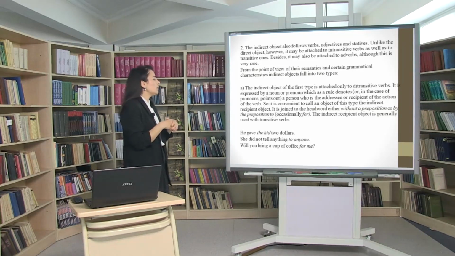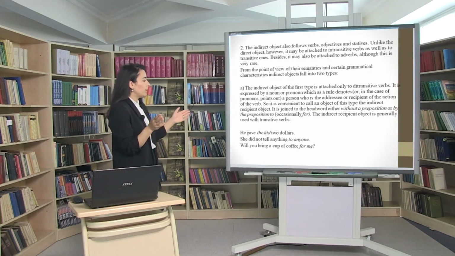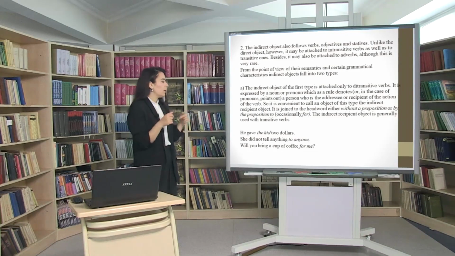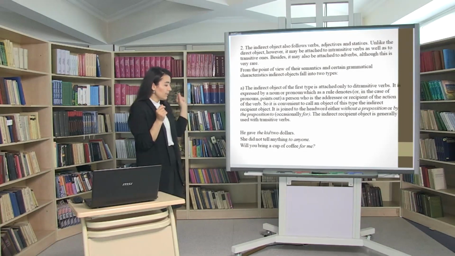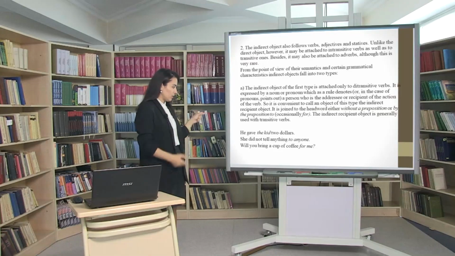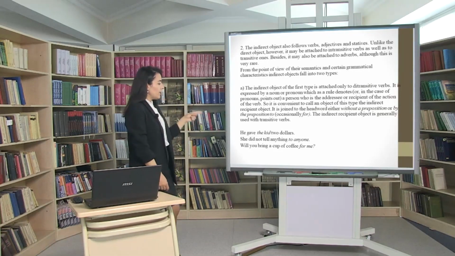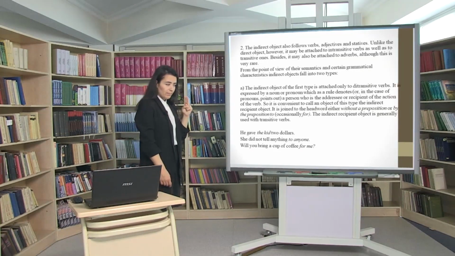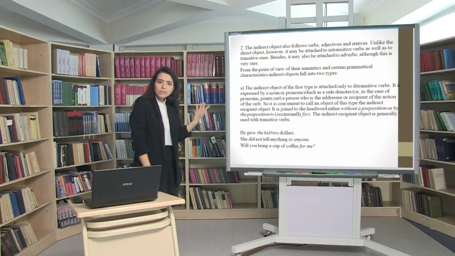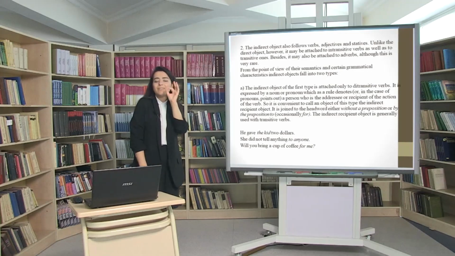They are called prepositional indirect objects. For example, he gave the kid $2. In the sentence, you should pay attention: what did I give? $2. It means that $2 is the direct object. And to whom did I give $2?